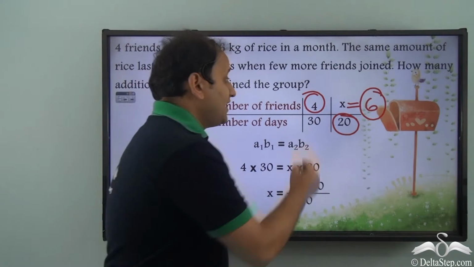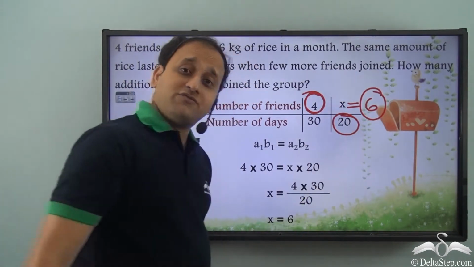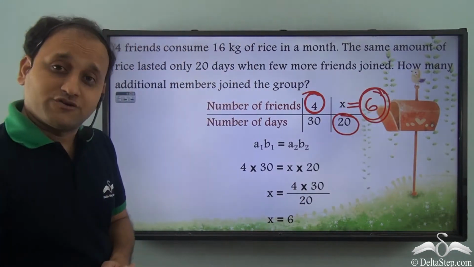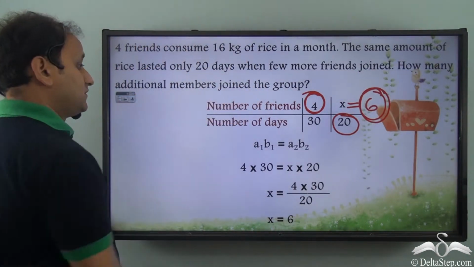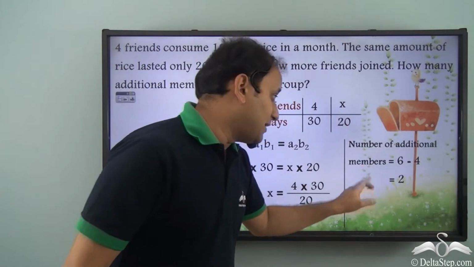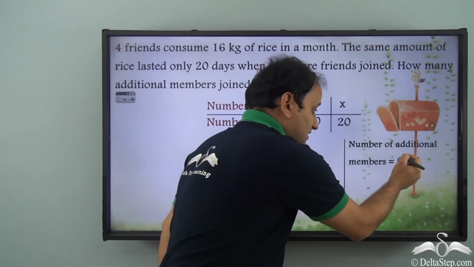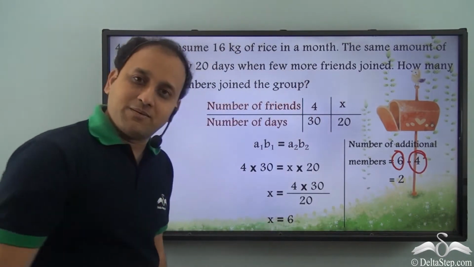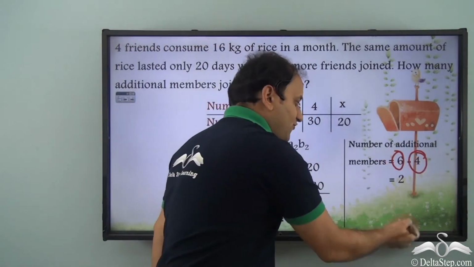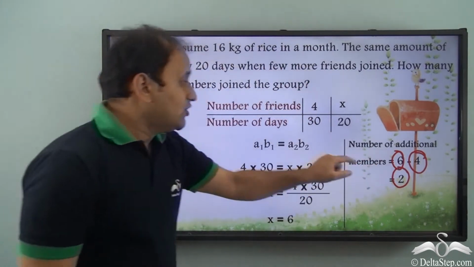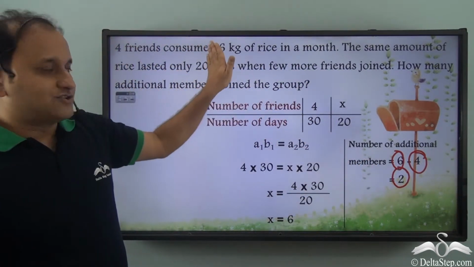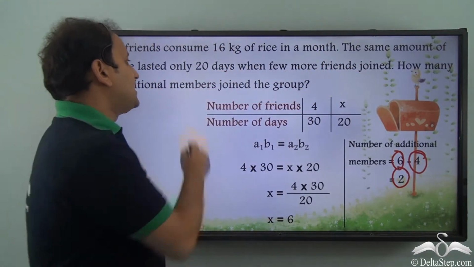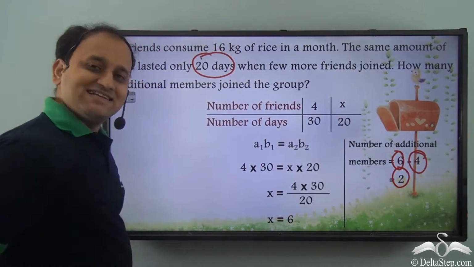So this is the starting number of the group and this is the final population of the group. The number of additional members will be the final number minus the initial number. So 6 minus 4, that is 2. So 2 people joined this group and as a result now the rice only lasts for 20 days.